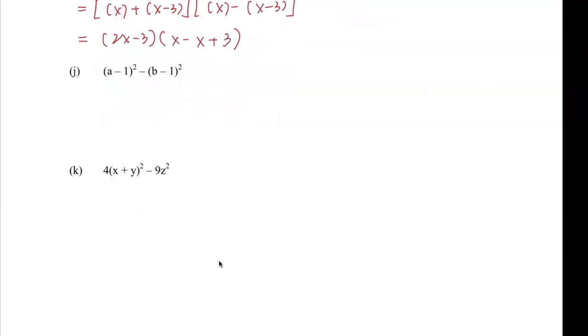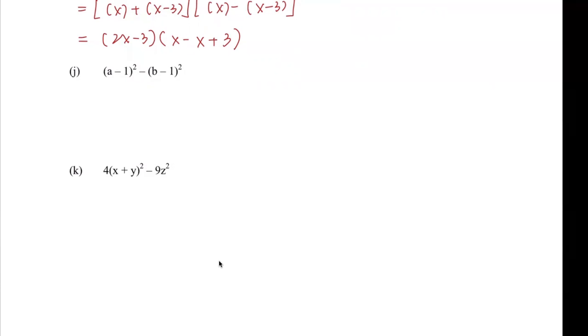Question J, a minus 1 squared minus b minus 1 squared. Things are getting more difficult, but the main idea is always the same. Ultimately, the method of solving these kinds of questions is the same.